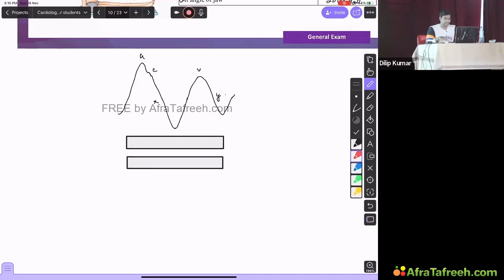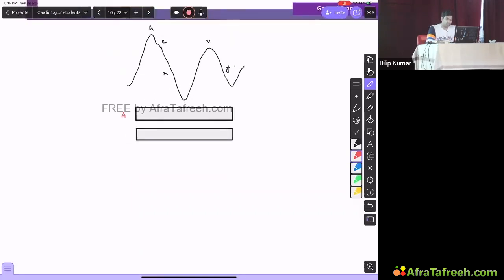That's why. So let us put separate diagrams for the atrium and the ventricles. In the atrium, the first part is the atrial systole. Remaining everything will be atrial diastole.